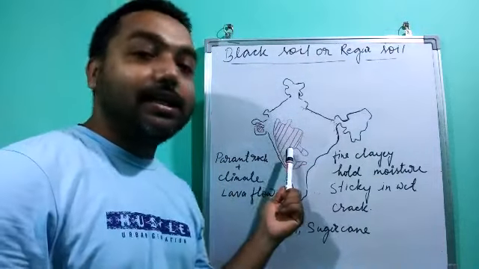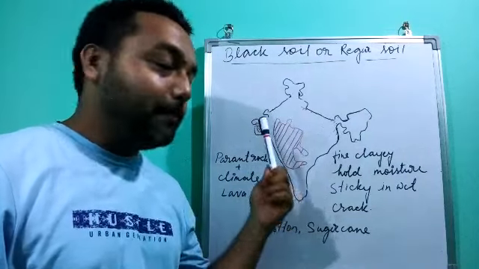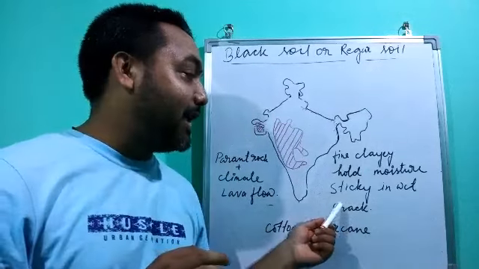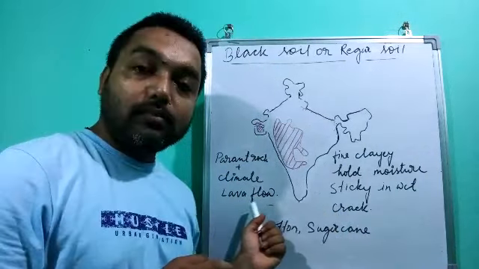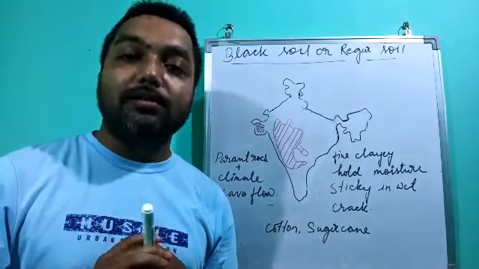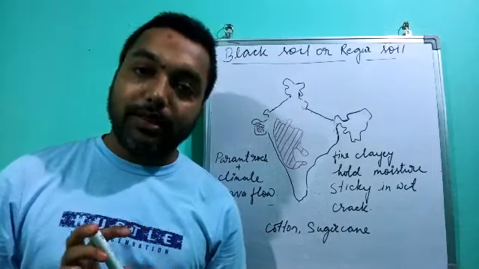It is found mainly in the Deccan Plateau region, in the southern part of India, and it was mainly formed due to the flow of lava from volcanic eruptions in the very distant past. From there only this black soil has been formed.